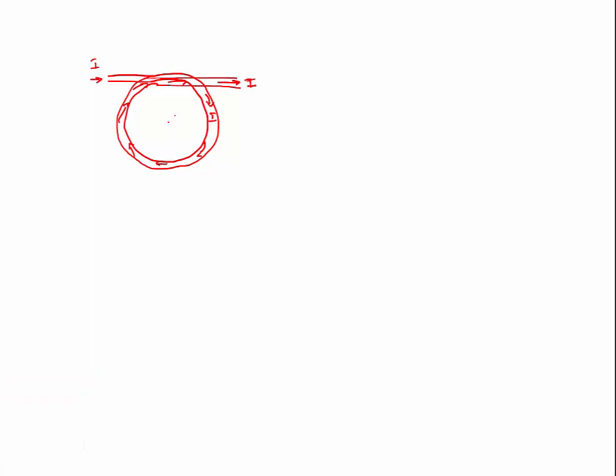The way we represent this for analysis, it's easier if I can flip this loop and rotate it in three-dimensional space. So let's say there's an axis over here and I spin this entire loop this way. So I'm pushing this end into the page and pulling this end out of the page, okay?